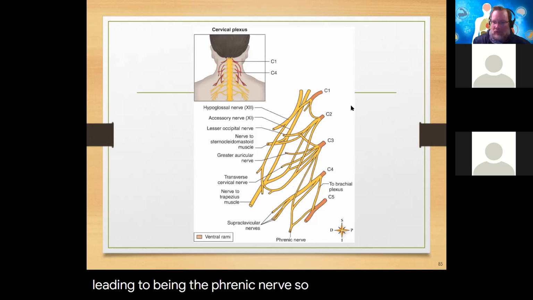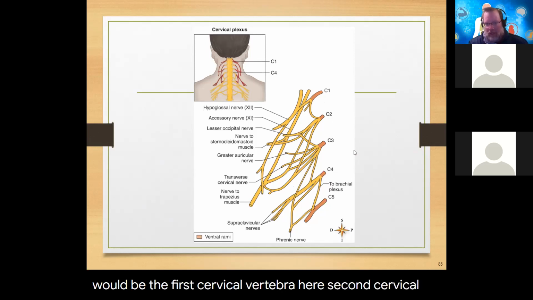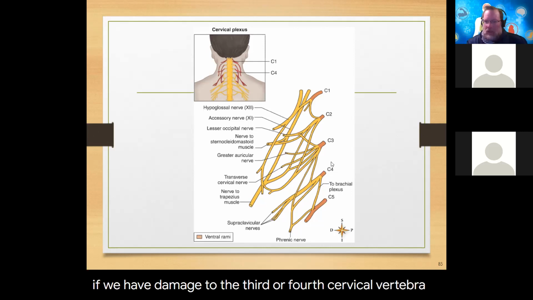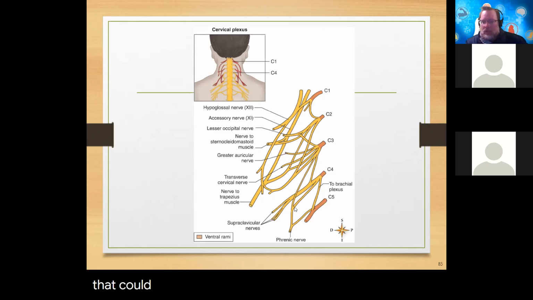So again, the first cervical nerve pair, this is going to be the occipital bone here. This would be the first cervical vertebra here. Second cervical vertebra, third cervical vertebra, fourth cervical vertebra. So if we have damage to the third or fourth cervical vertebra, that could lead to some issues with respiration.